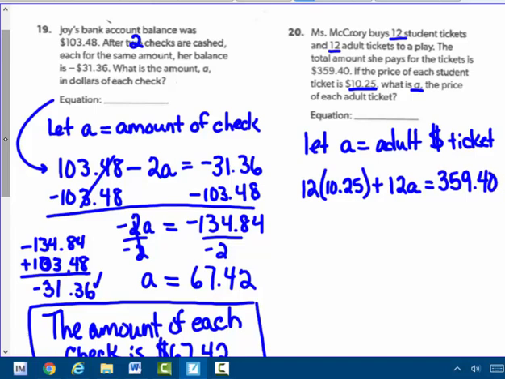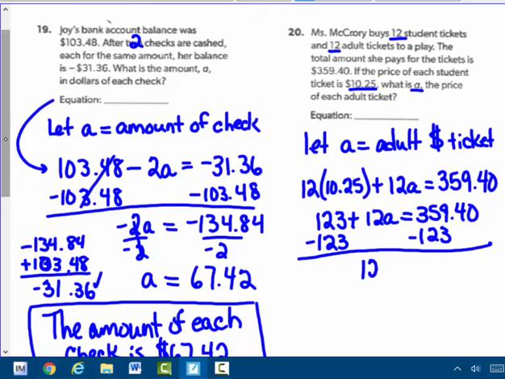Remember, we don't put dollar signs in our work. So we've got to multiply that. And when you multiply that out, you get 123 even plus 12A equals 359.40. So we subtract 123 from both sides.